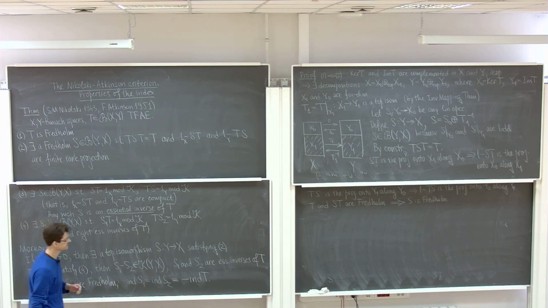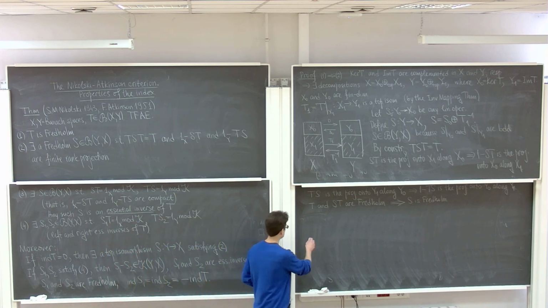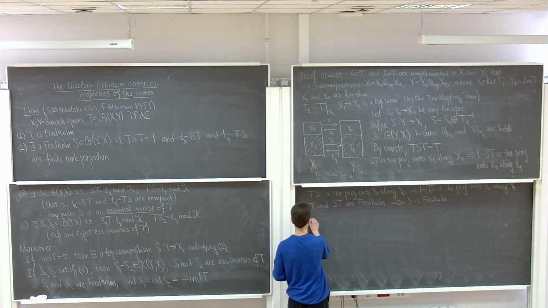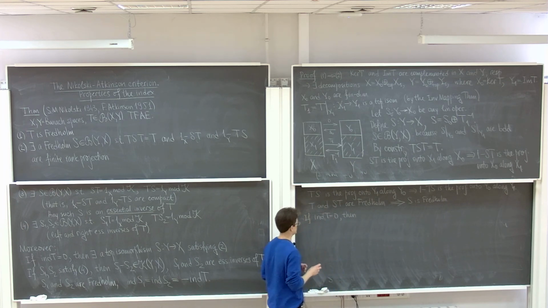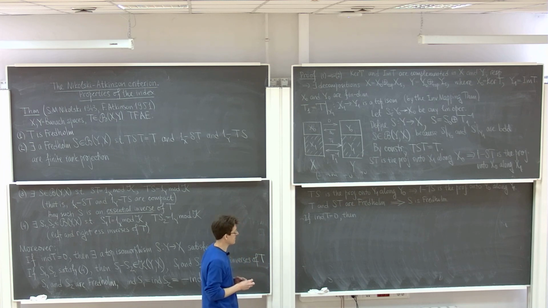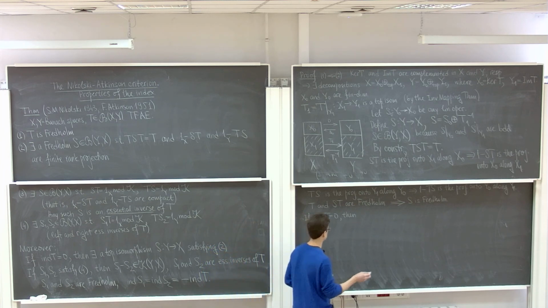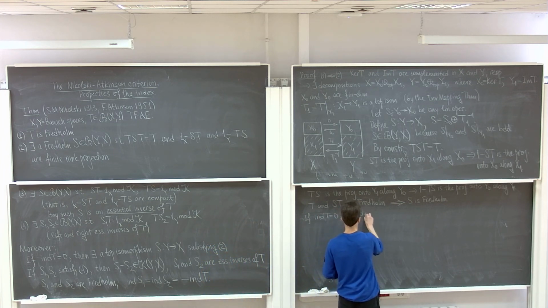Well, indeed, if we assume, in addition, that the index of T is 0, then x0 and y0 are of the same dimension. The dimension of x0 equals the dimension of y0.